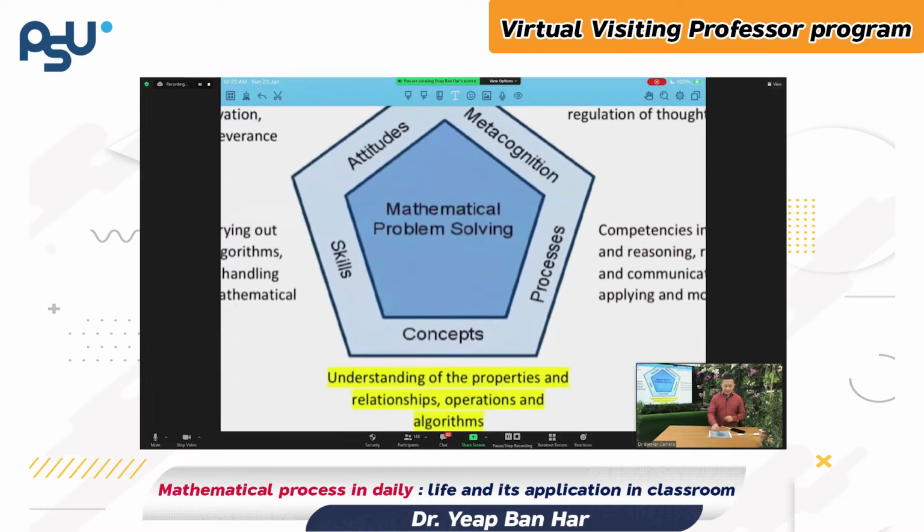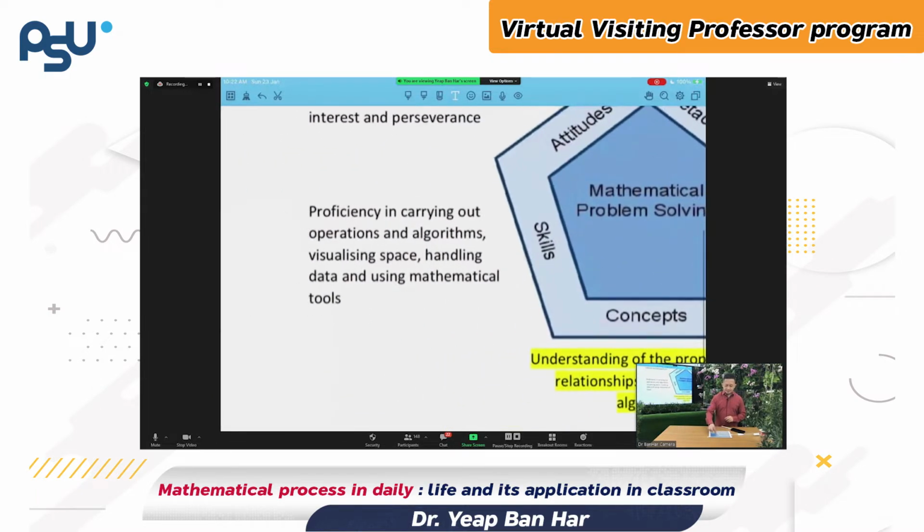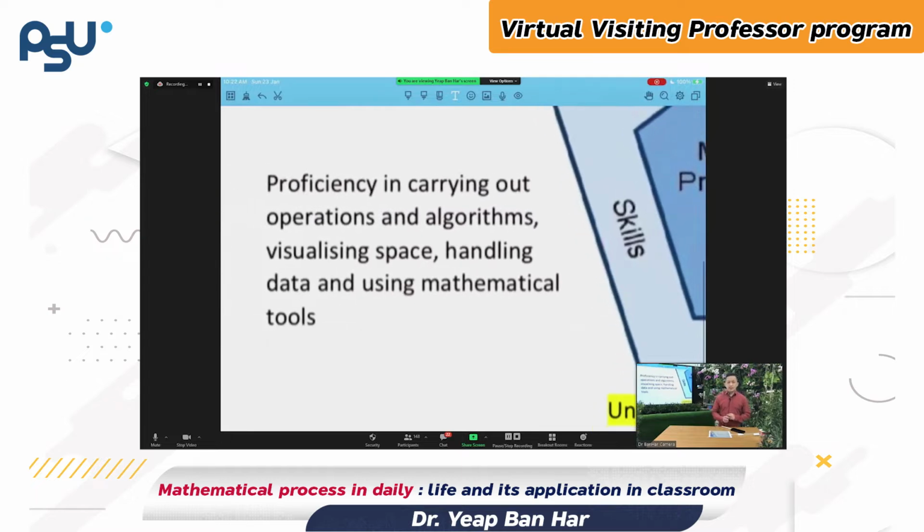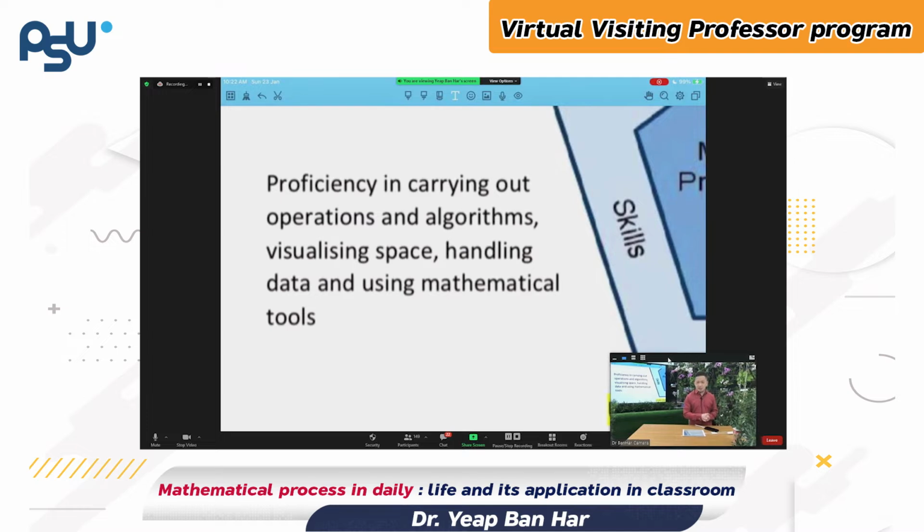There are other things, for example, skills. Skills include many things. The obvious one will be doing calculation or manipulating algebraic expressions. But skills also include visualizing. Skills also include using tools, for example, using technology.